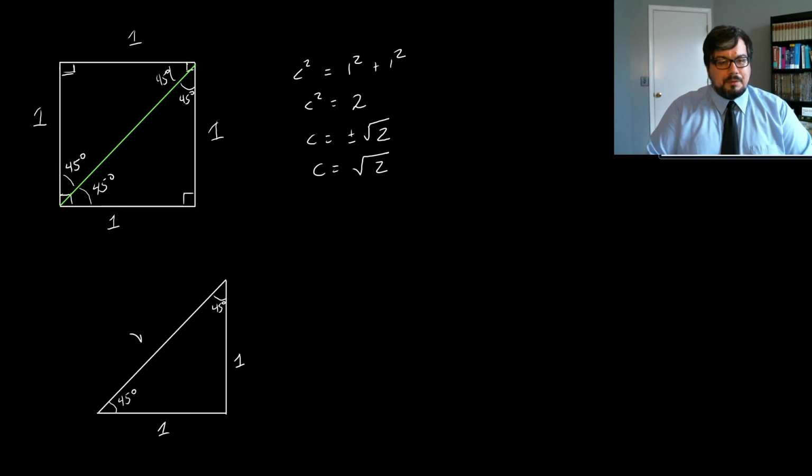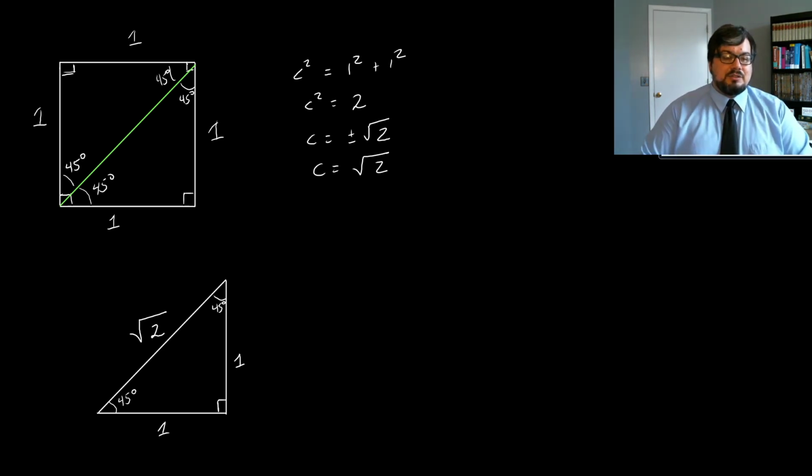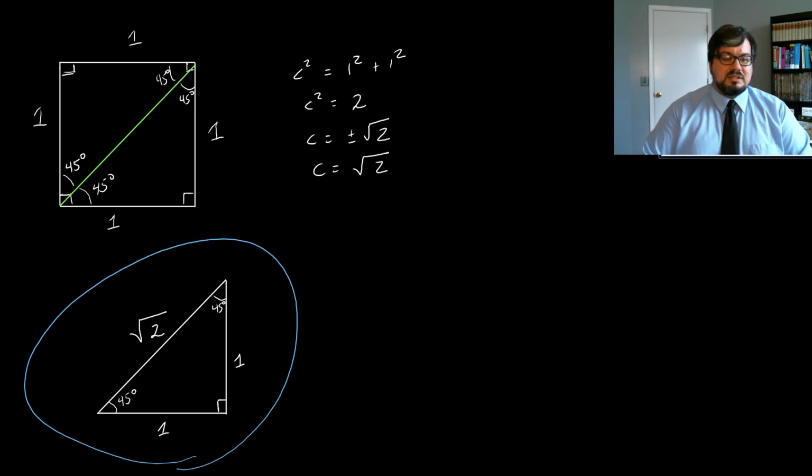So we have this triangle with side lengths 1, 1, square root of 2, and the interior angles being 45 degrees, 45 degrees, and 90 degrees. And this, again, is the triangle to memorize. We call this our 45, 45, 90 triangle.